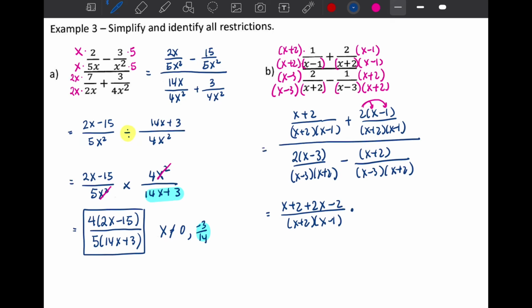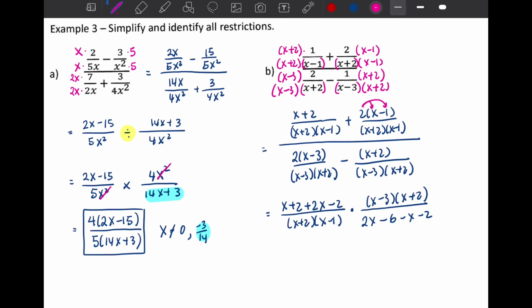And then multiply by, flip the second fraction. So we have (x minus 3) times (x plus 2) on the top, and then we have 2 times (x minus 3) minus (x plus 2). Let's actually factor this one out once more. We have 2x minus 6 and then minus x minus 2.